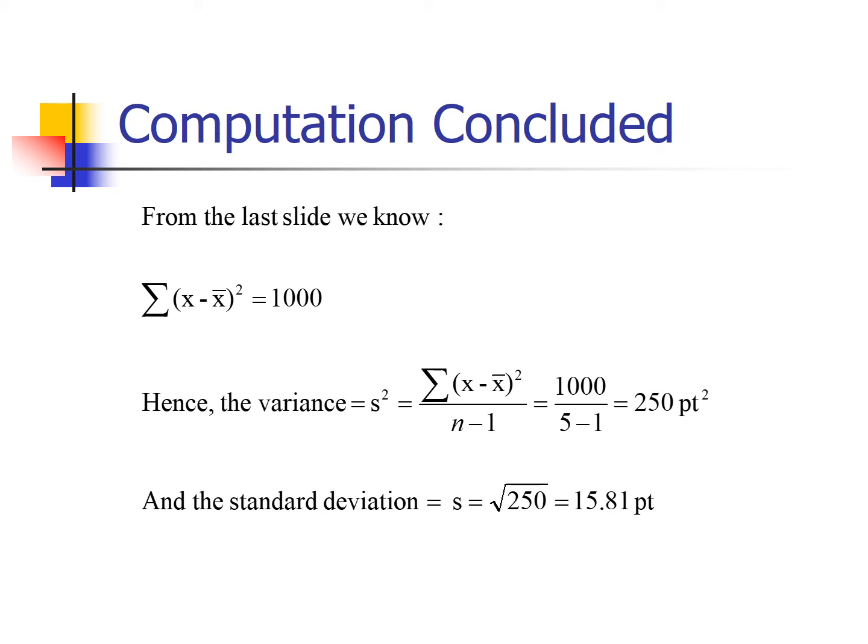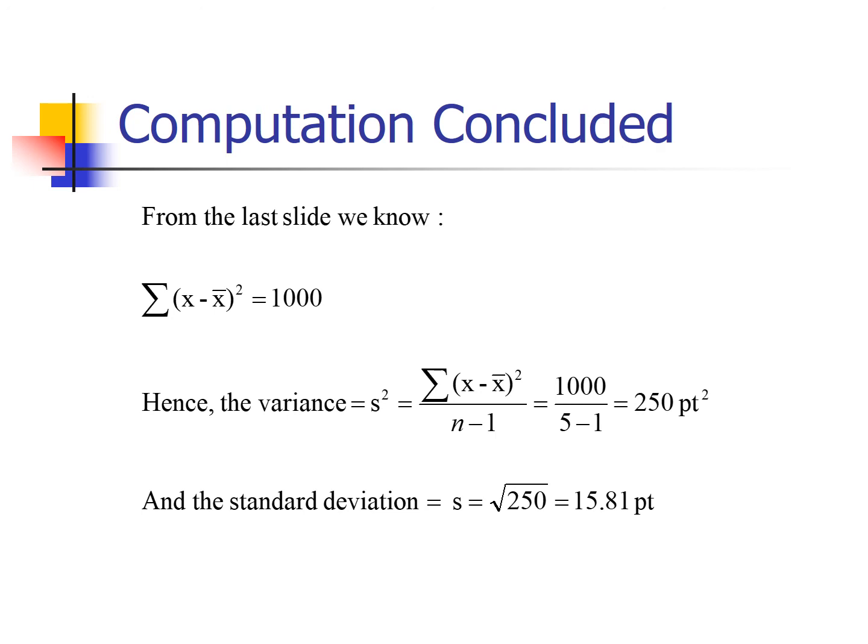We fix that problem, we undo it, by square rooting once we're done, which is kind of reversing the squaring. So I go from the variance, 250 square points, to the standard deviation, which is the square root of 250. That's 15.81. And in this case, I go back to my original unit, so it's 15.81 points.